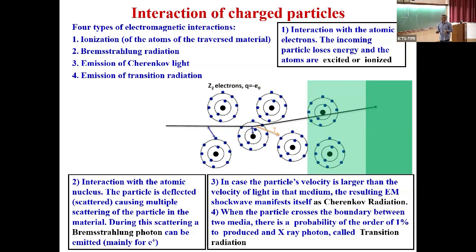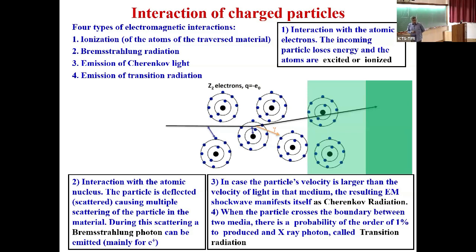And two other properties we also see when the particle goes through the medium. If the velocity is larger than the velocity of light in the medium, it results in an electromagnetic shock wave. I will come to one slide on this. It's called Cherenkov radiation, and this principle is used very elaborately in neutrino experiments. And just to complete this, I put the transition radiation.